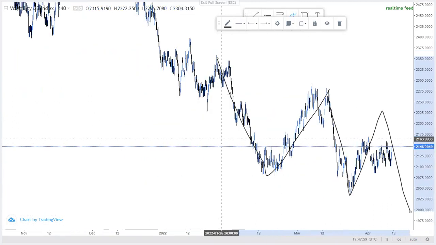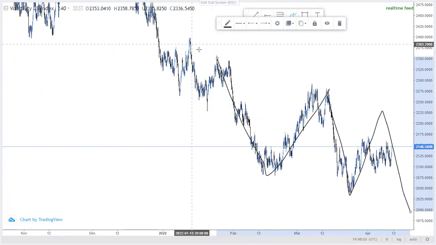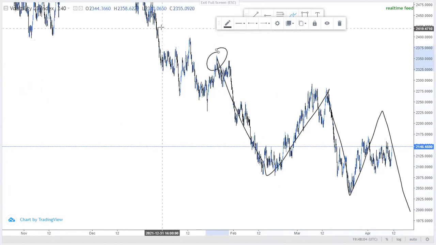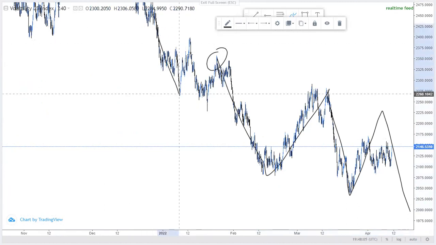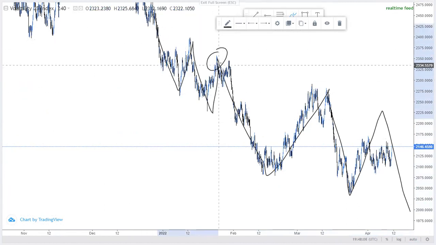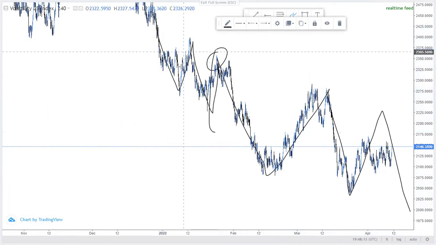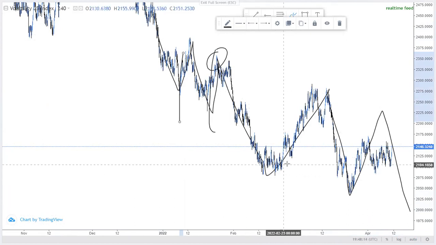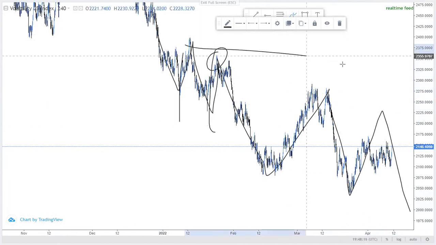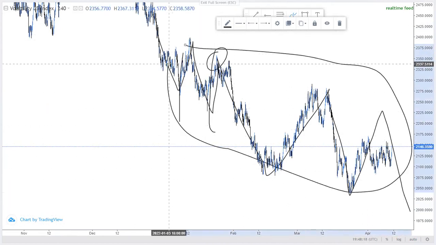This should be done from everywhere price is coming from, not necessarily from this point. Or you can do this just to see the highs and lows from wherever price comes from. So I'm just gonna do from this point or this point because it's close to where price is at the moment.